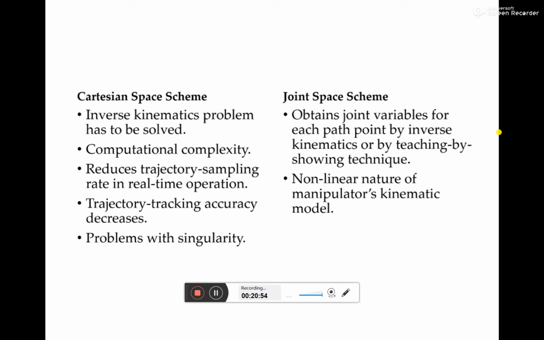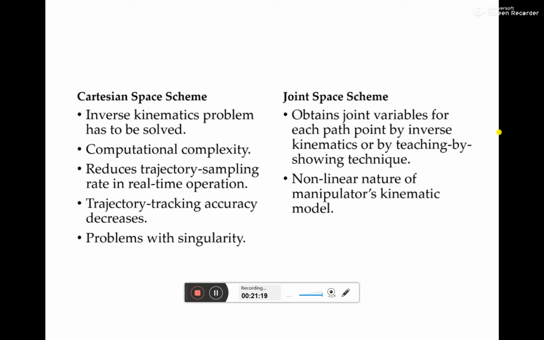In the Cartesian space scheme, the trajectory tracking accuracy somewhat decreases, and there are problems with singularity. In the joint space scheme, there is a non-linear nature related to the manipulator's kinematic model.